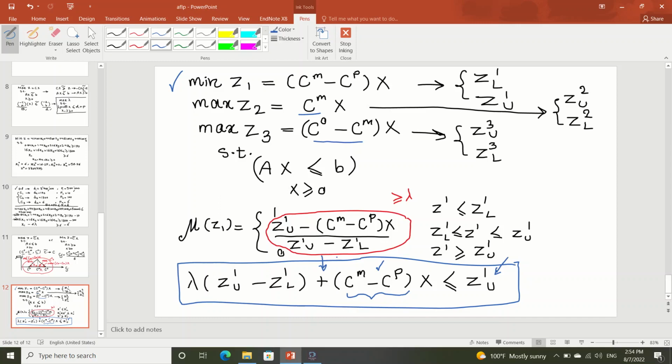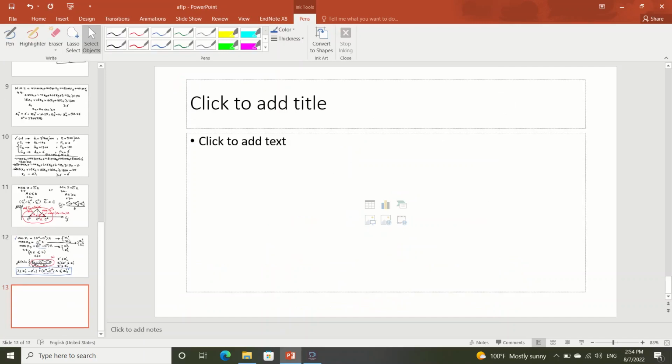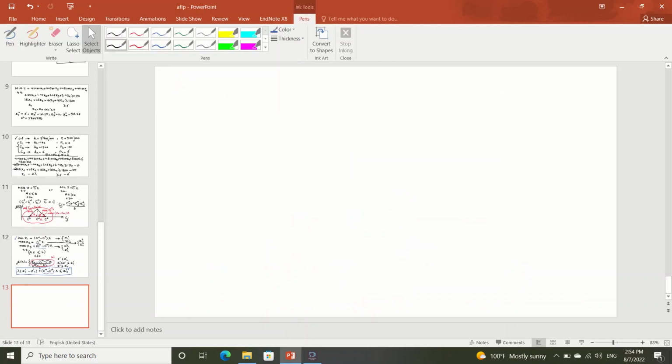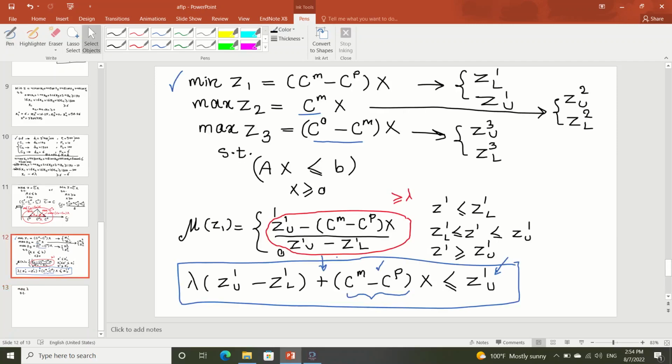Okay, so we will have the new converted crisp model as you see. Maximum lambda subjected to the first inequality that we have written before on a slide.